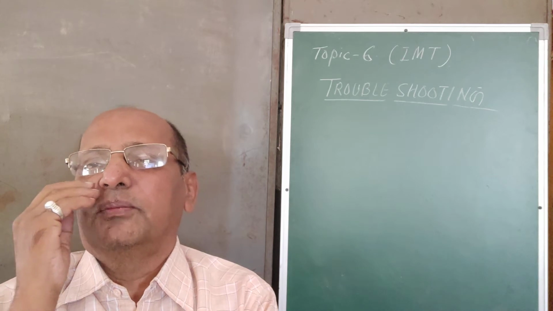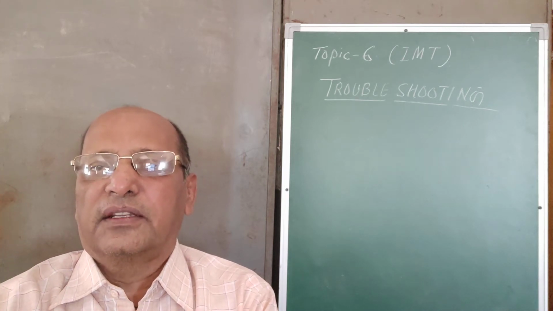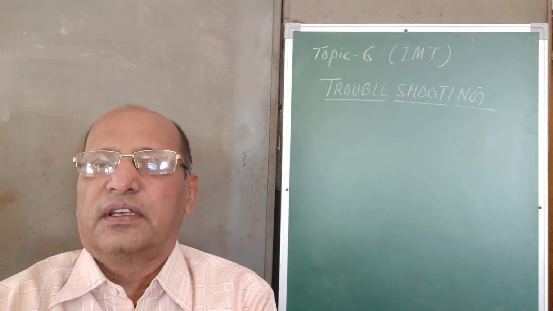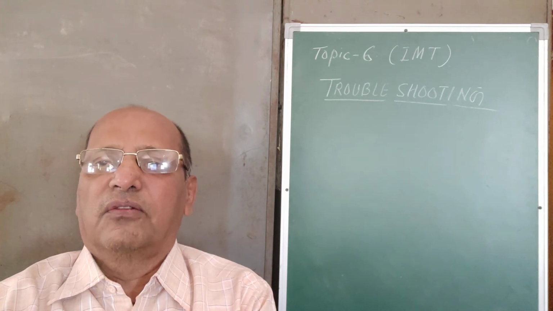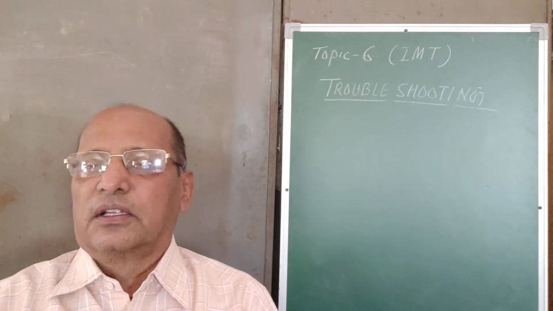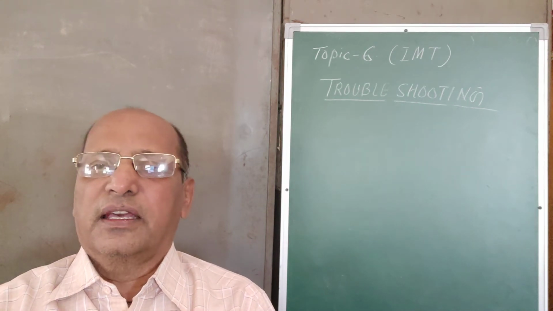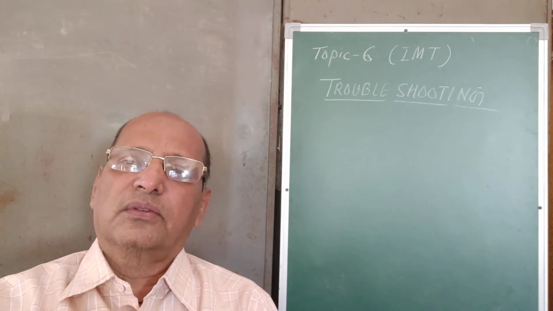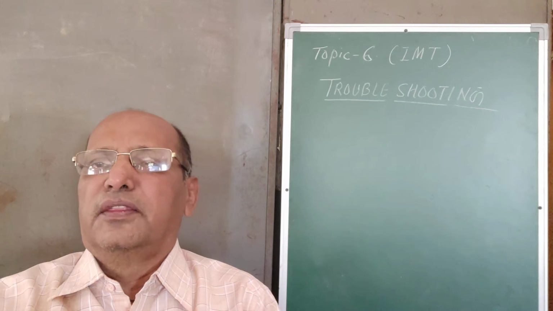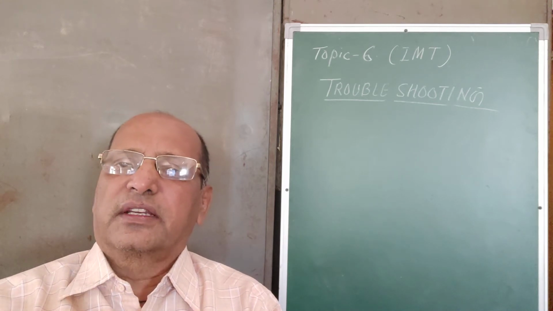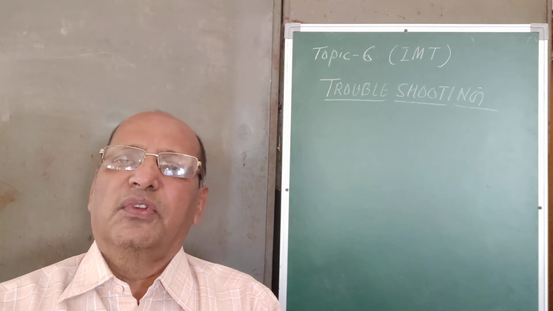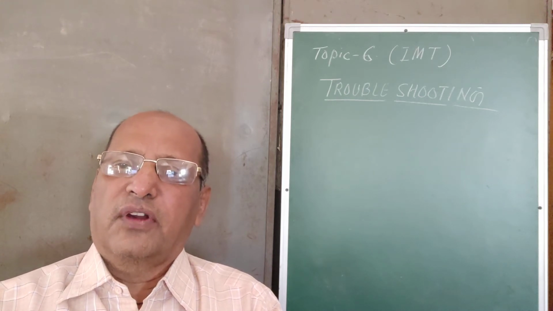In that case it becomes much easier to find out the type of fault, the remedies of that fault, and what accessories are required for its removal. In a troubleshooting chart there are 4 columns. The first column is the serial number, the second is the type of trouble in the equipment, and the third is the remedy or fault finding.